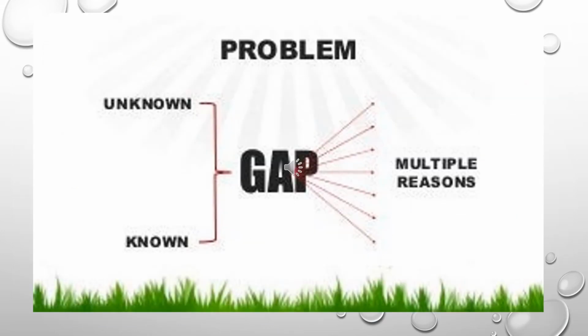Okay, the next one, the problem. You see on the slide: the problem, unknown, known, gap, the multiple reasons. It is typically not from a lack of effort, but because of real issues: the difference between the expectation and the actual outcome.